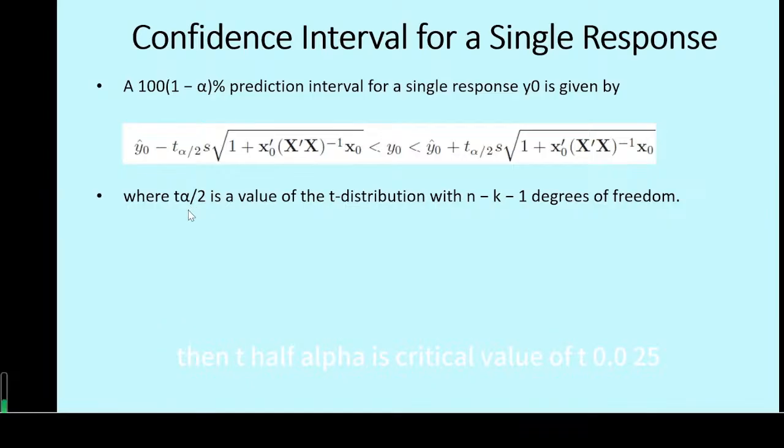Then T half alpha is the critical value of T 0.025, because alpha is 0.05, divided by 2 is 0.025. T half alpha is the critical value with this degrees of freedom. We will check the table and get the value of this critical value.